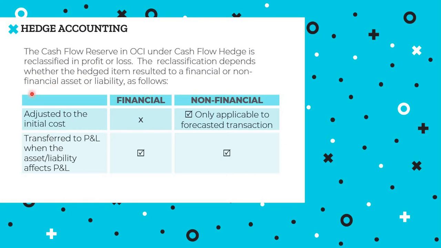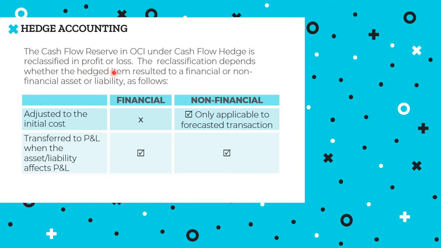Una, i-adjust daw yung OCI, the cash flow hedge reserve, sa initial cost. O kaya naman, kung hindi mo i-adjust yung initial cost, i-transfer mo na lang sa P&L kung yung asset or liability nagkaroon na ng effect sa P&L. At ano yung asset and liability? Ito, financial asset or liability at non-financial asset or liability.